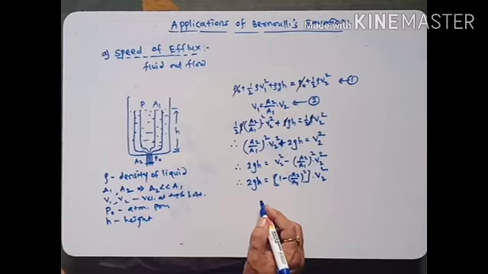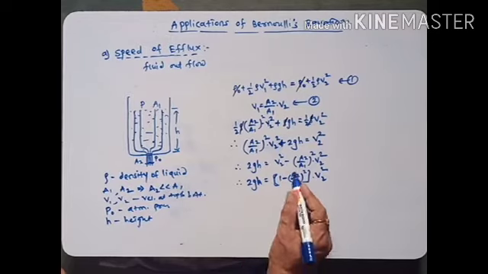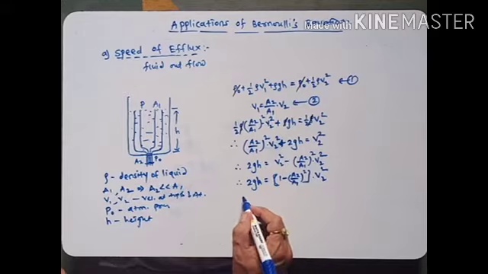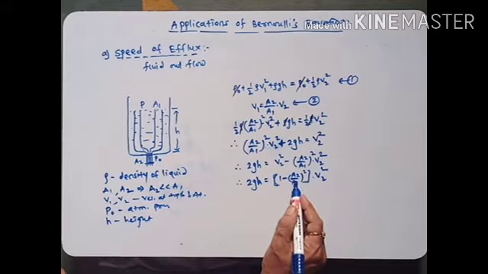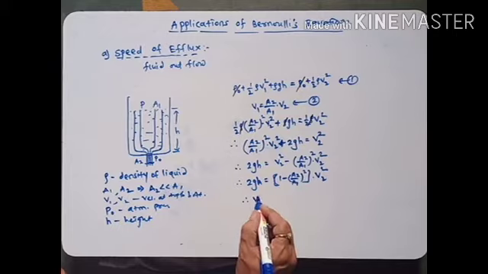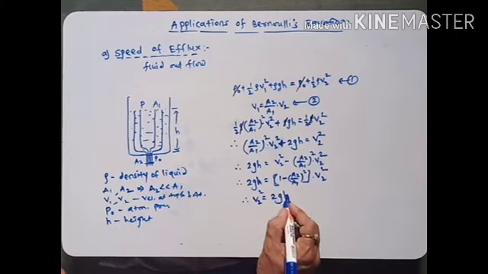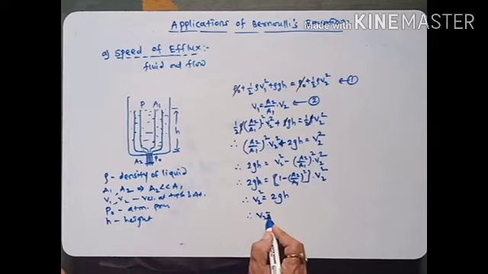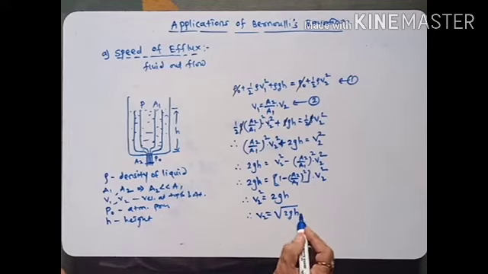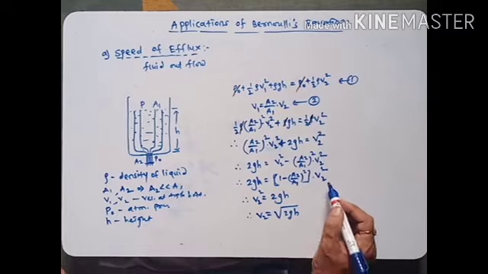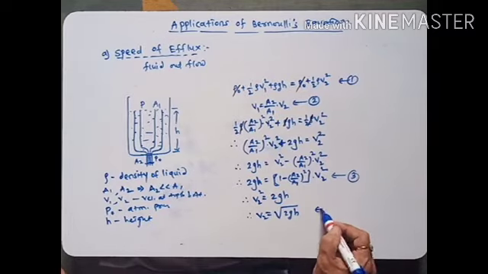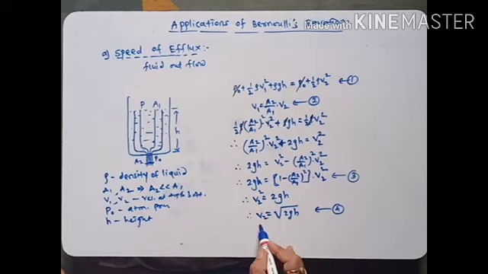As A2 is very much less than A1, we cancel this term, so it is nearly equal to 1, and V2 square is equal to 2GH, and therefore V2 is equal to root 2GH. This is equation number 4, and it gives the speed of efflux. This is our first application, the speed of efflux.